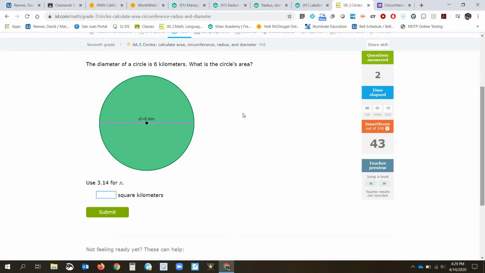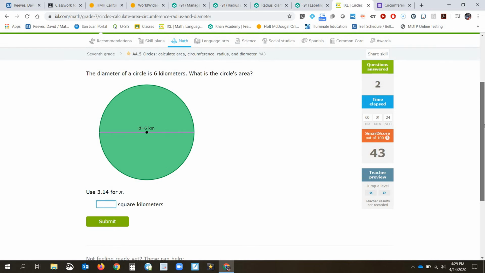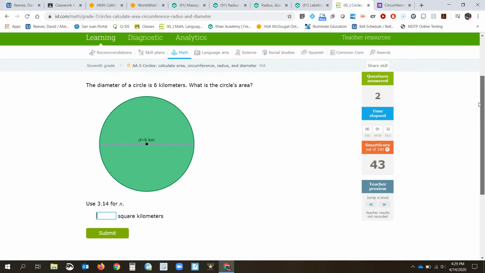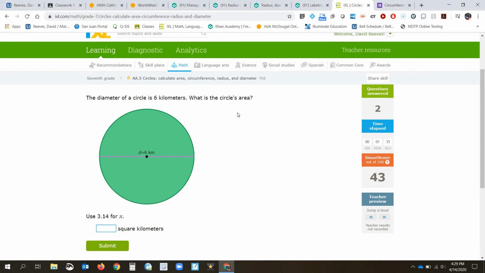Now they've asked me for the area. I have to warn you, the first lesson we've done is only on circumference, but IXL combined circumference and area. So if I were doing this as the student and I hadn't done area yet, I could stop now, and this IXL lesson will actually be included with area as well. So if your student said, wait, we haven't learned this yet, that might be the case.